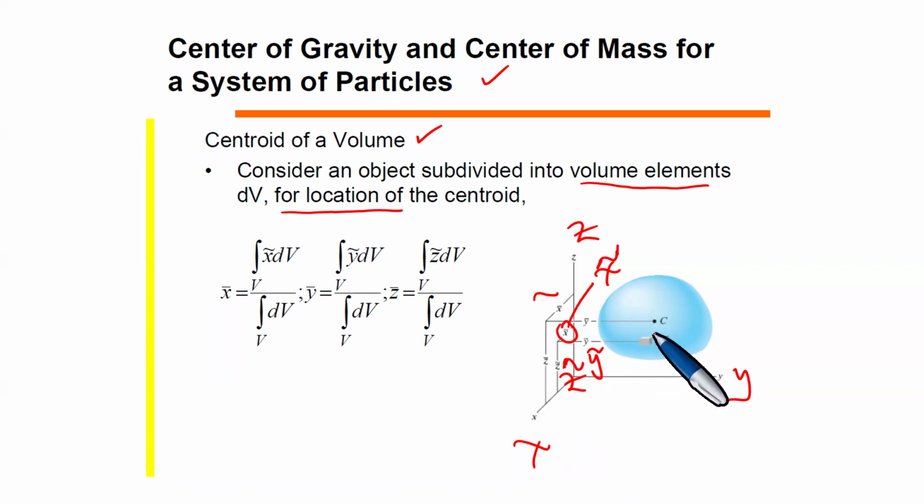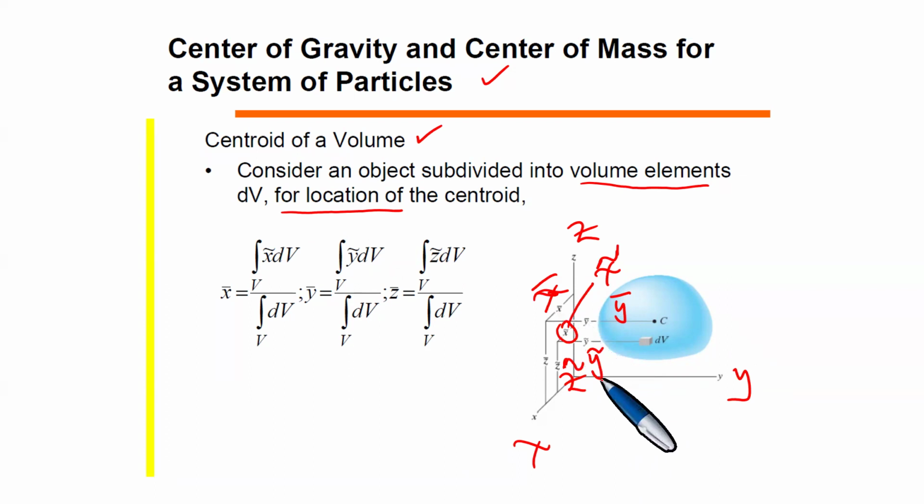Okay, so now we actually can find the centroid of a volume. If the centroid is C, then parallel here is y bar, and this one is x bar.